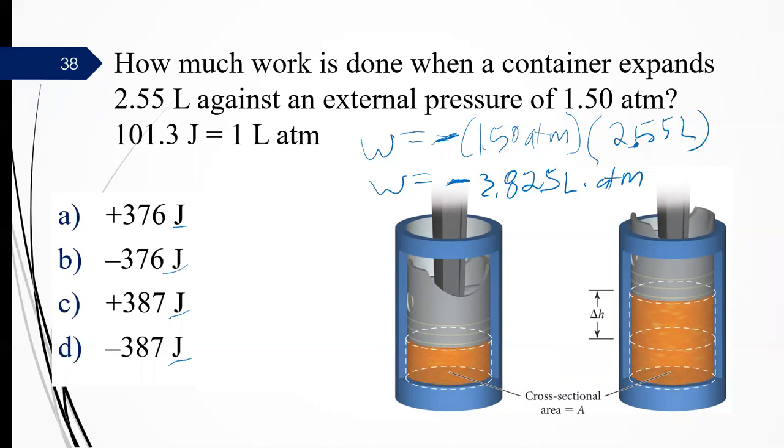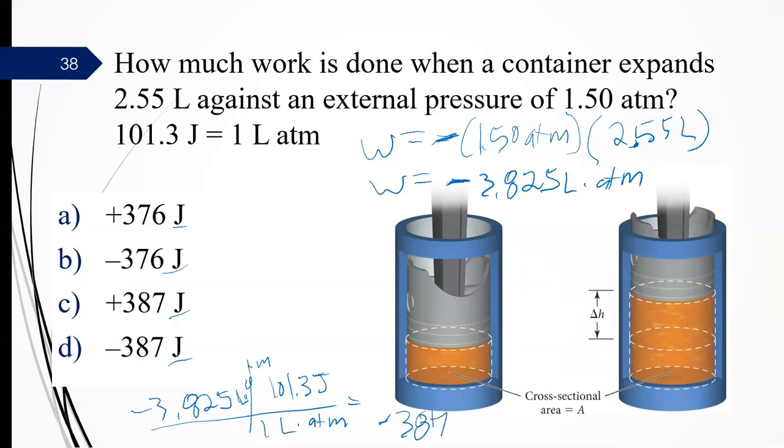So we need to take that negative 3.825 times 101.3 joules per 1 liter atmosphere. And so now we get negative 387 joules.